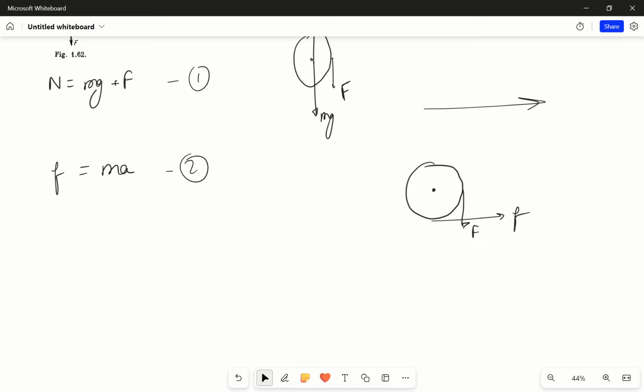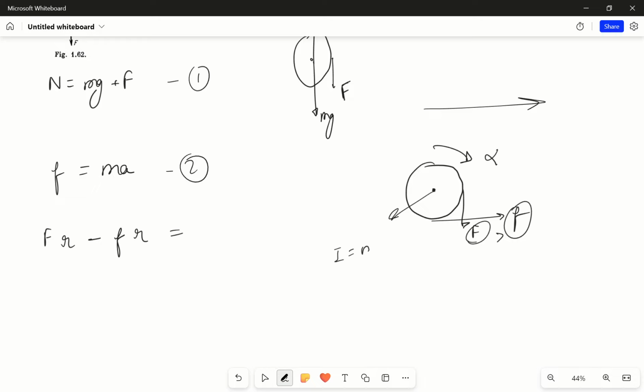We can write F into R, and angular acceleration would be in this direction, obviously. So the torque by capital F would be greater than the torque by small f. So F into R minus f into R is equal to the moment of inertia of the cylinder about the axis times alpha.